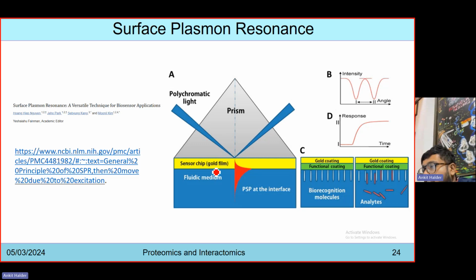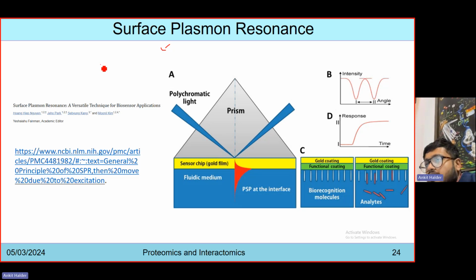So why it's only gold, you can understand, because these plasmons are generated on some metals like gold and silver. So we have the gold, we have the medium, we have the light, we have the gold coating, functional coating, bioregulation molecules and analytes.